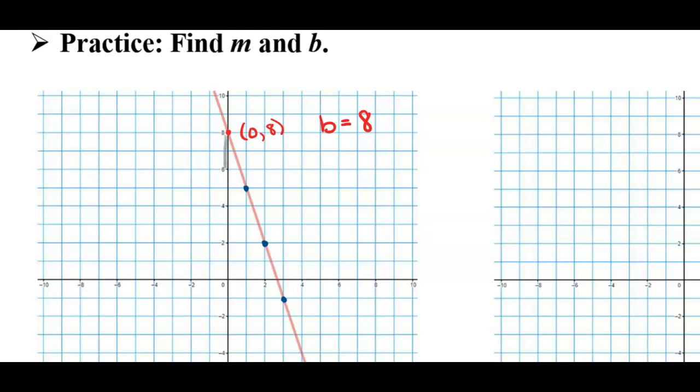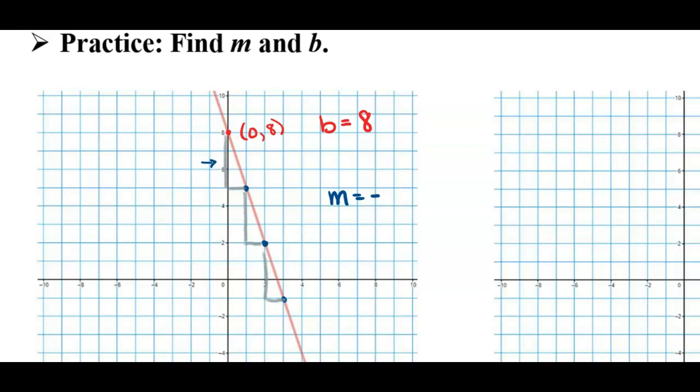If I go down and over, down and over, down and over. Now I can see from far away that it's going to be a negative slope, right? Because this is a downhill line. So I know my slope will be negative. m equals negative something. I'm going to count my rise and run to find out what exactly my slope is.